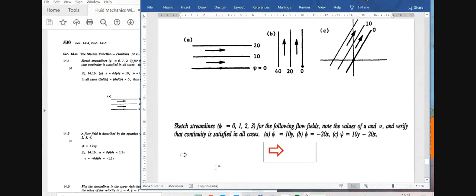So the equation is 10y is equal to 0, or y is equal to 0.